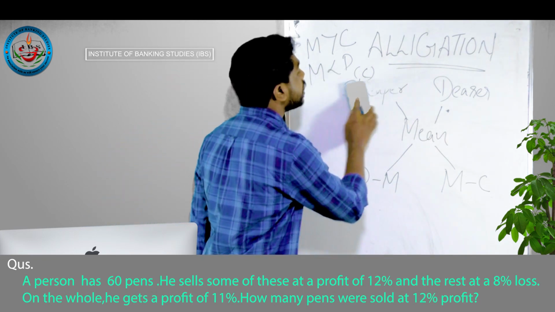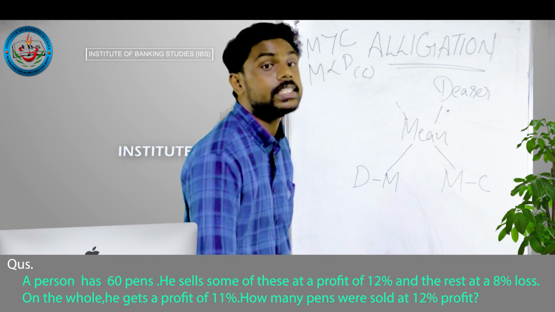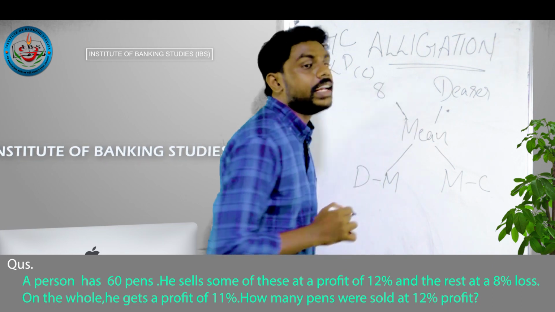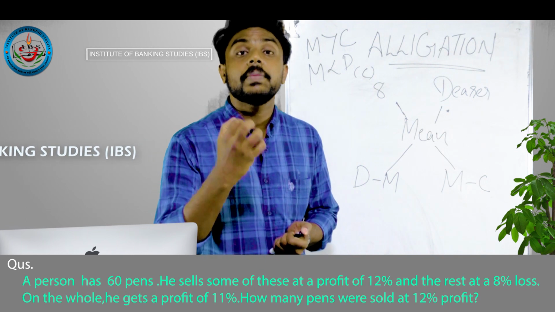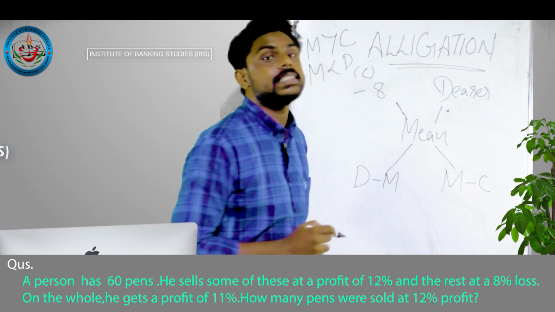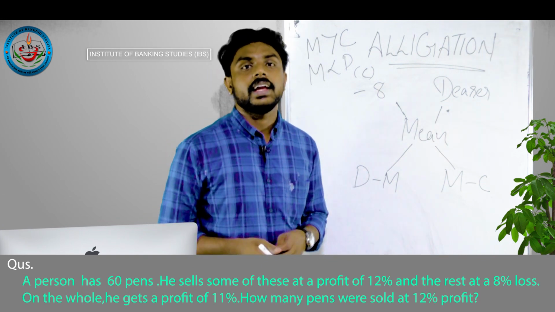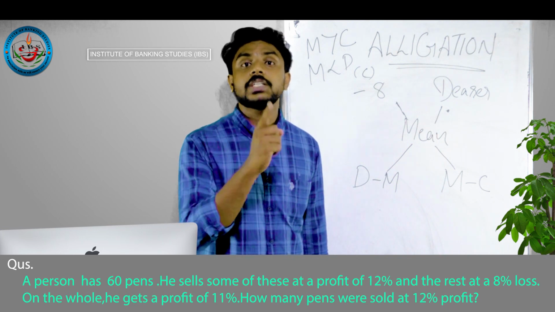So our cheaper quantity is replaced by 8, but loss is denoted by a negative sign, so we use minus 8. Then what is our dearer quantity? It has a positive sign. It is the profit percentage. What profit percentage?